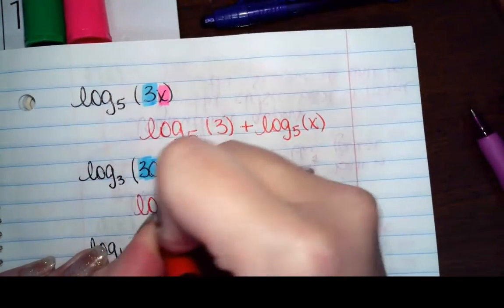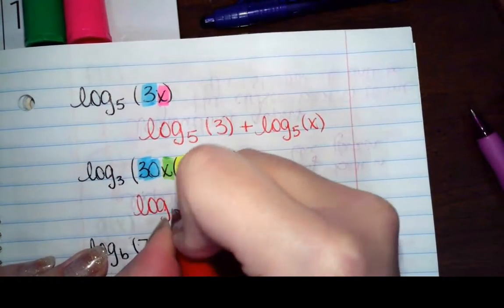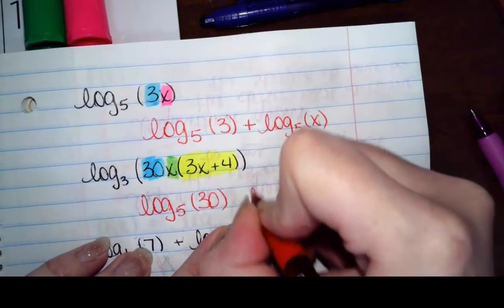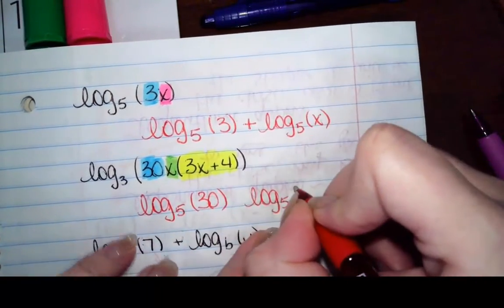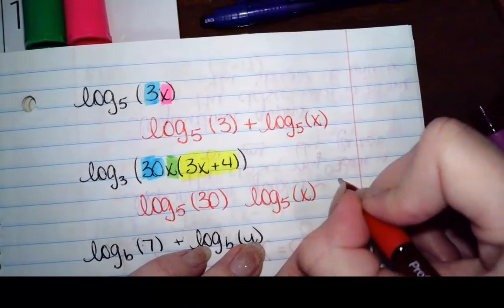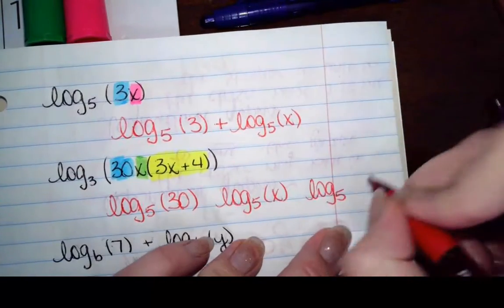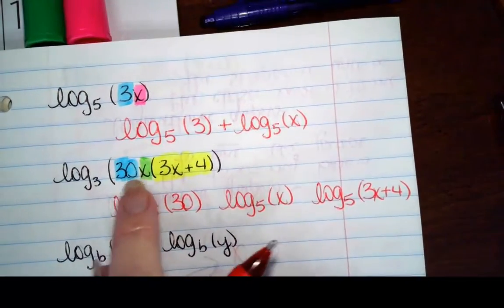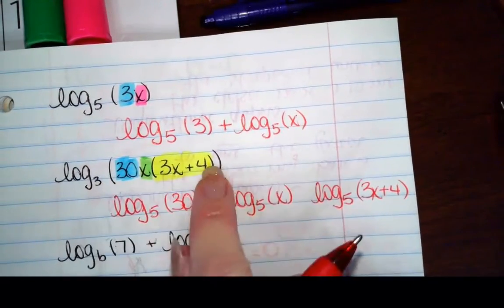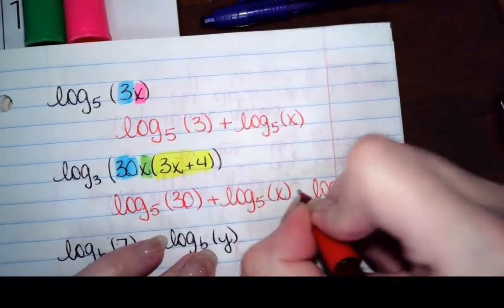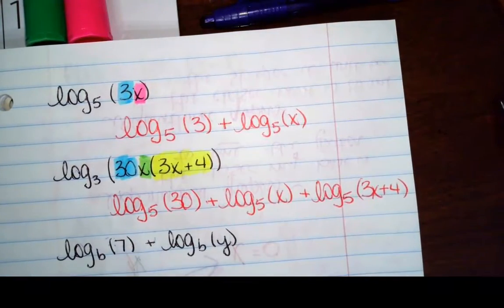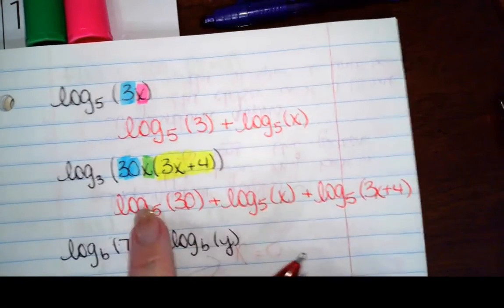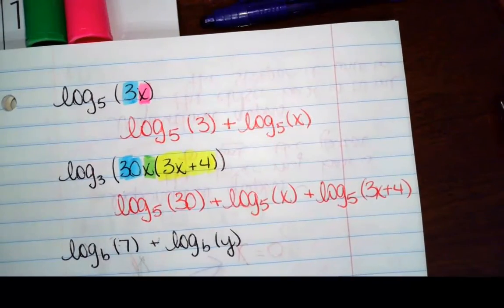So I've got log base 5 of 30, log base 5 of x, and log base 5 of 3x plus 4. So if it's multiplication on the inside, it's going to be addition on the outside. So I have now taken a single log and expanded it into multiple logs.